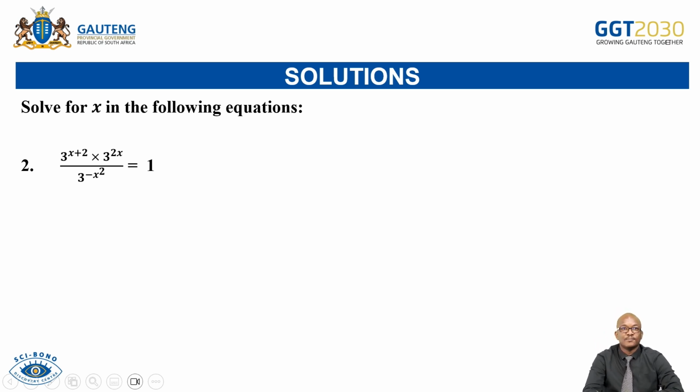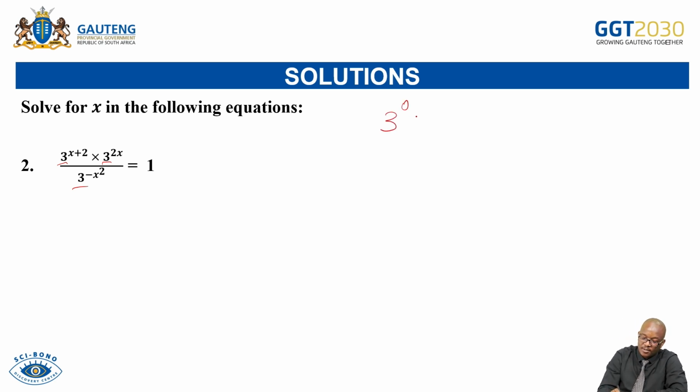You realize that on the left hand side, we have an expression that we need to simplify. Correct? On the right hand side, we have 1. Looking at the left hand side, we can see that all the bases are 3. So we know that if we have 3 to the exponent of 0, we are going to get 1.